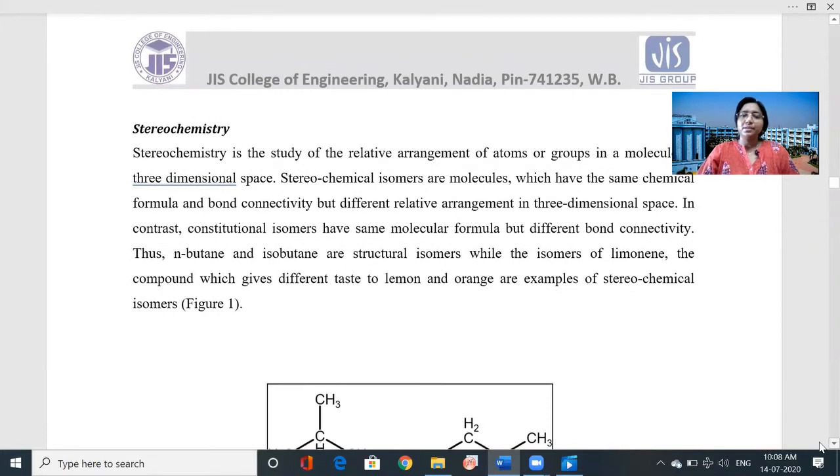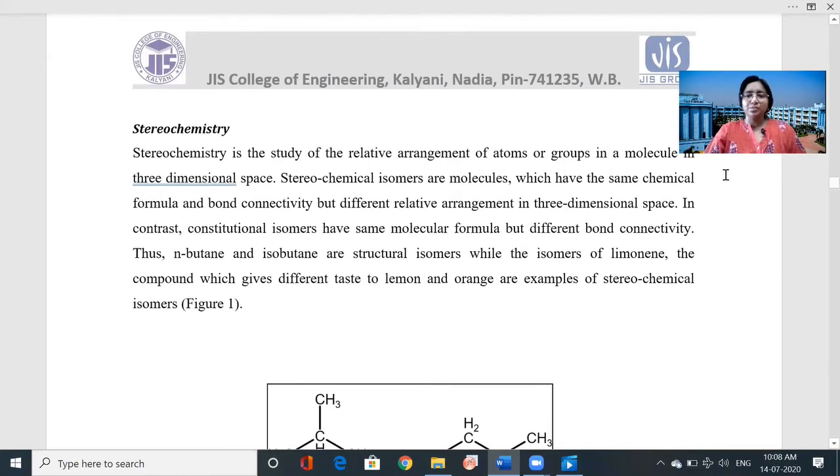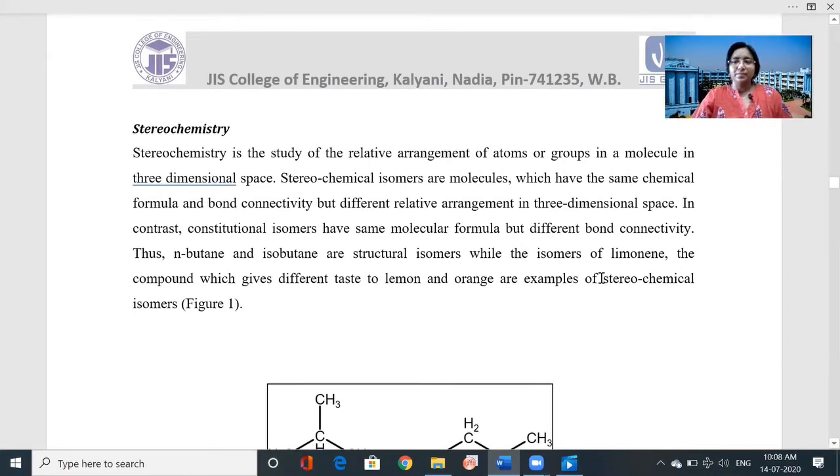Stereochemistry is the study of the relative arrangement of atoms or groups in a molecule in 3-dimensional space. If I ask you to define stereochemistry, now that you have seen a video, you have got the concept, got the idea.